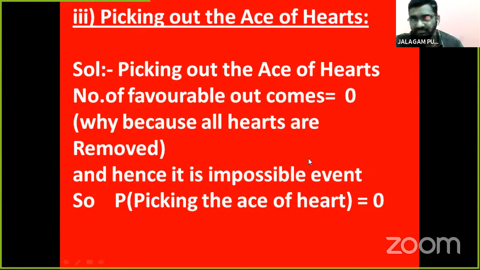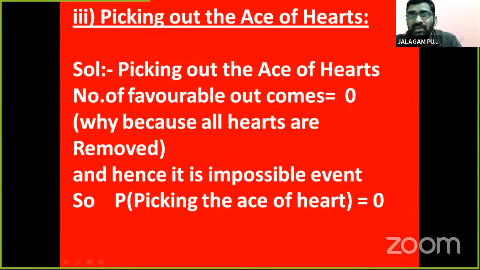Okay, children, we already discussed a sure event. Now this is an impossible event. So P of picking the ace of heart is 0. We can also find it like this: the probability of picking up the ace of heart is equal to the number of favorable outcomes by the total number of possible outcomes.